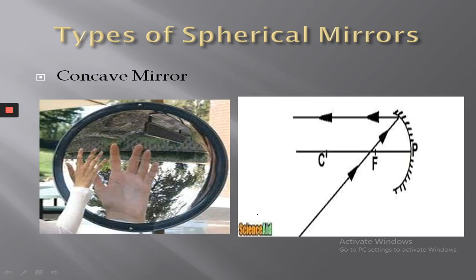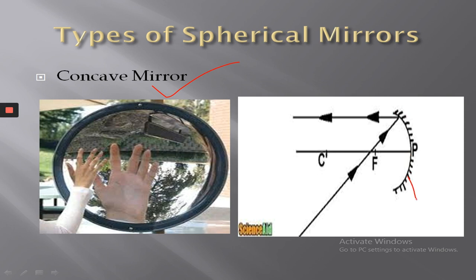So the types of spherical mirrors you see here, first one is a concave mirror. You have seen this kind of mirror in your life, I think, and the ray diagram representation of a spherical mirror is this. You can see an arc that is drawn and the outer side is shaded.